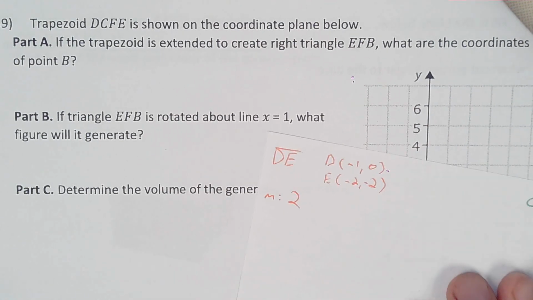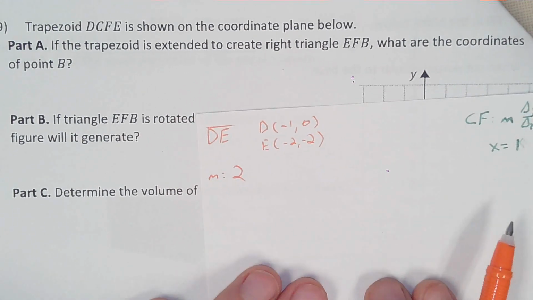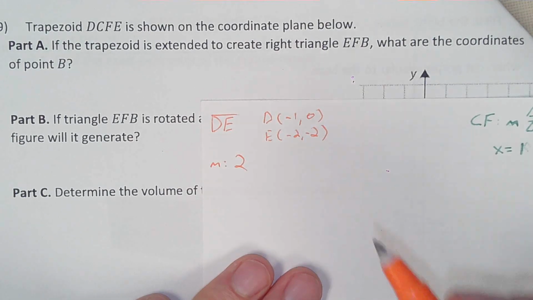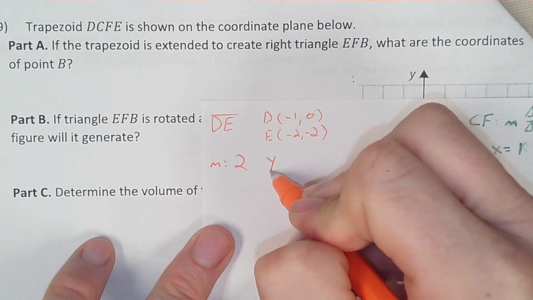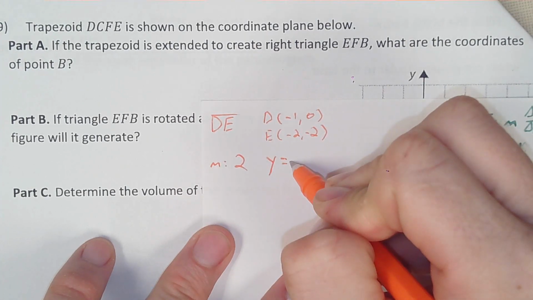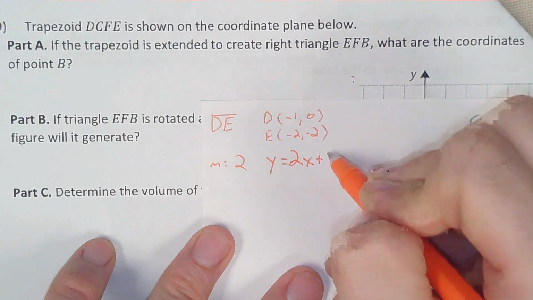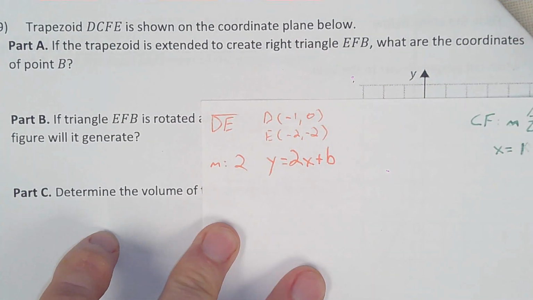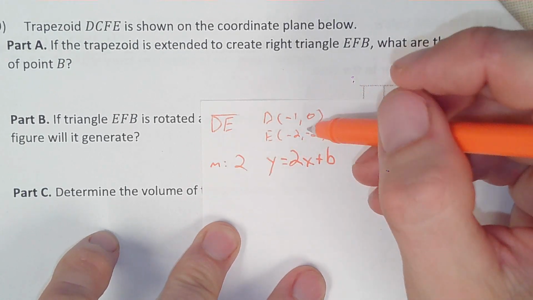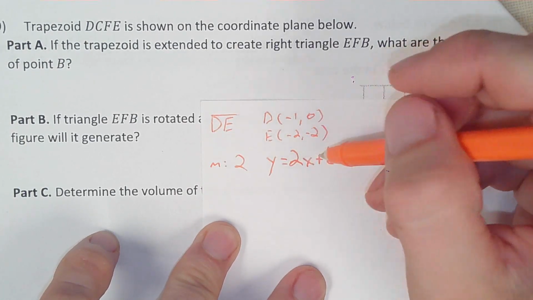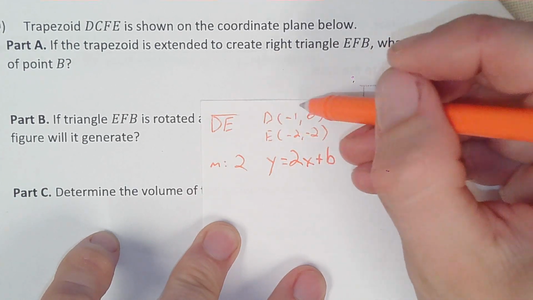So you can start building your equation by saying that y equals m, which is 2, times x, plus b, which we don't know yet. But we know 2 points that this line falls on, so you can take values from either one of these points to solve for b. I'm going to take the easy one because this will make the math easy.